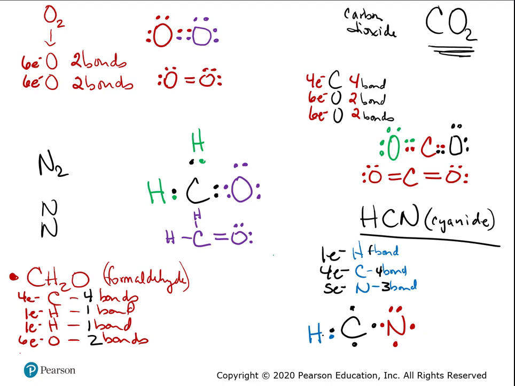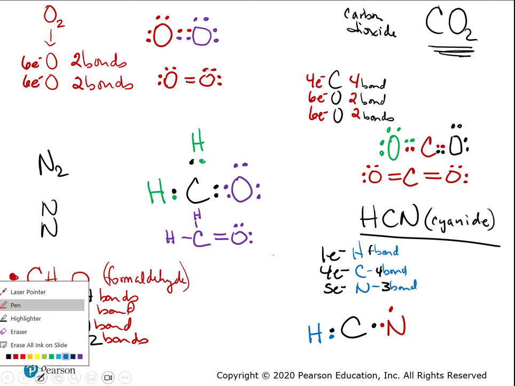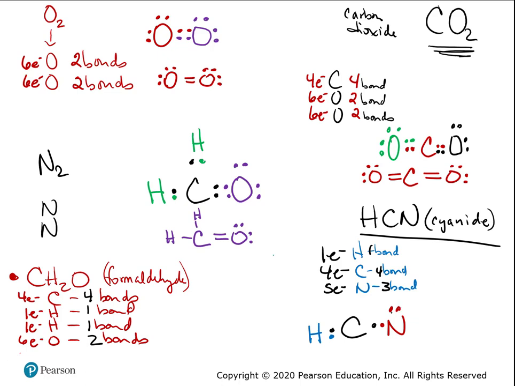The only other place to add is to start taking the black carbon electrons and the red nitrogen electrons and pairing them. So I'm going to have to move this one and this one, and then this one and this one. They're all going to end up between the carbon and the nitrogen. Oop, not that one, I'll put it back. That one's still there.